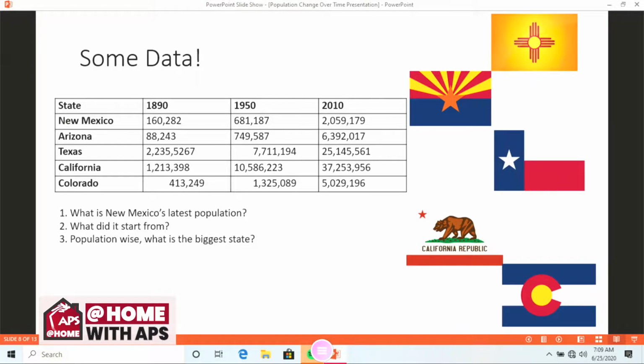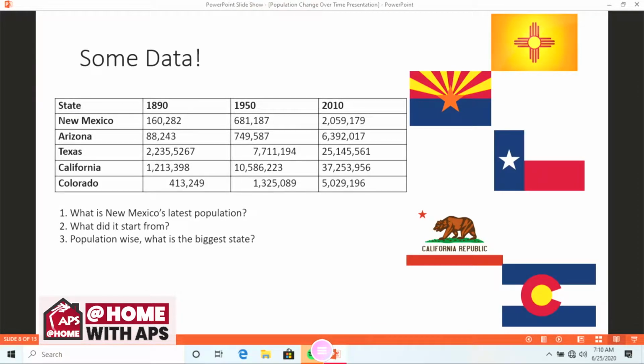Then, 60 years later, in 1950, it grew about six times its size to 681,187 people. Now, in 2010, it expanded so much more to over 2 million people with 2,059,179.